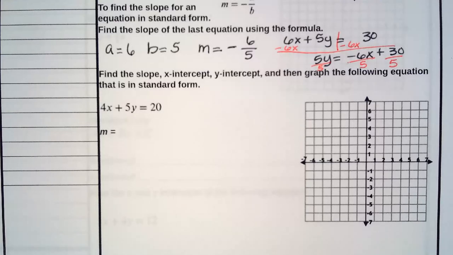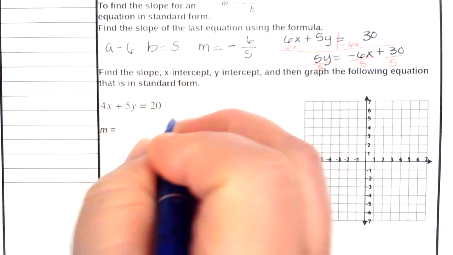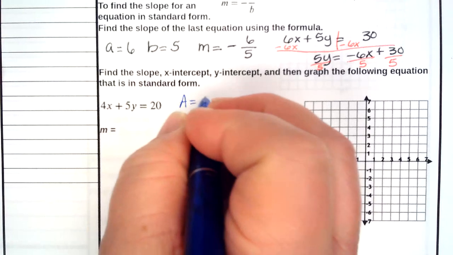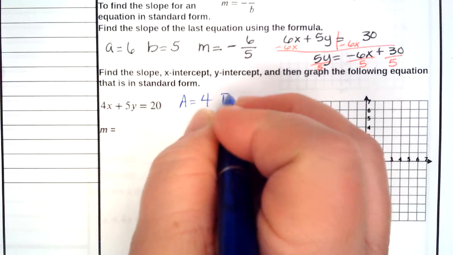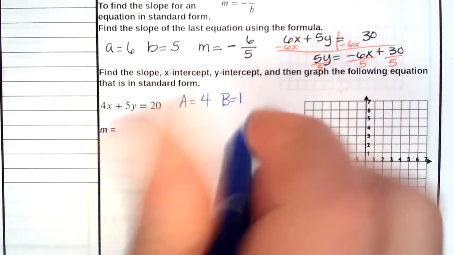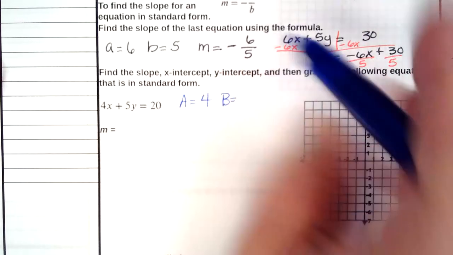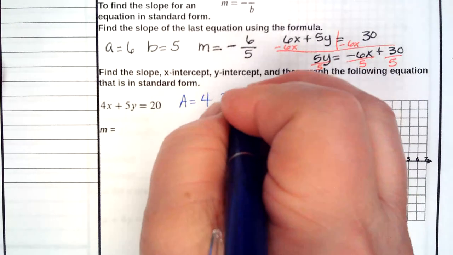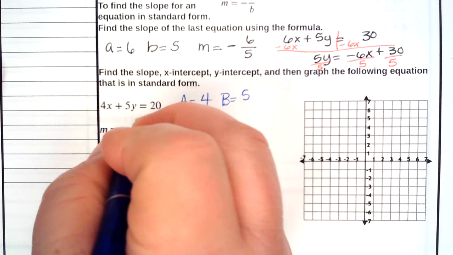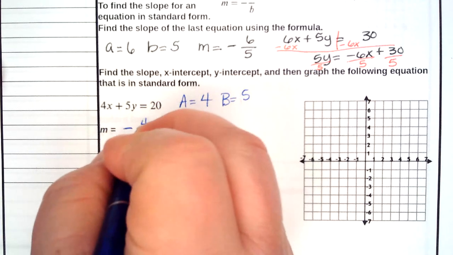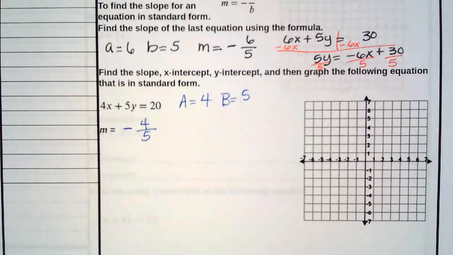Okay, if you did that, then all you're doing is checking your answers to see if you got it correct. So if I'm looking at this, A is 4, B is 5. My slope will be the opposite of A divided by B, the opposite of 4 over 5. So I found my slope.